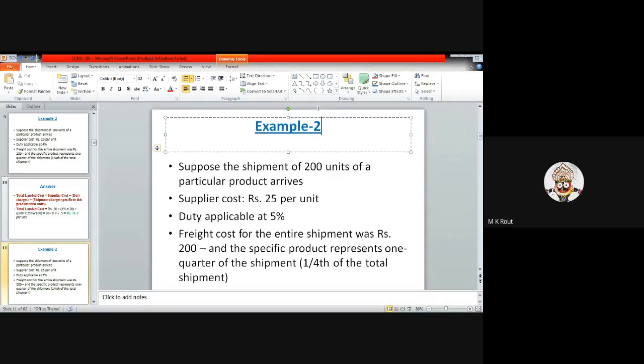This is example 3. The shipment is 100 units of a particular product. The supplier cost is given as 25. The duty charges applicable are 5%. The freight cost for the entire shipment is 200, and the specific product represents one quarter of the shipment, that is one fourth of the total shipment. Calculate the landed cost.